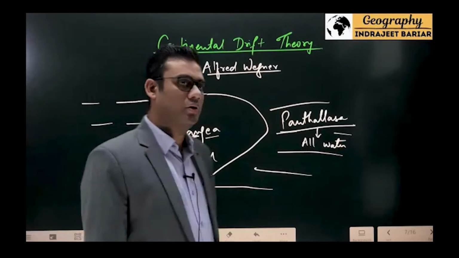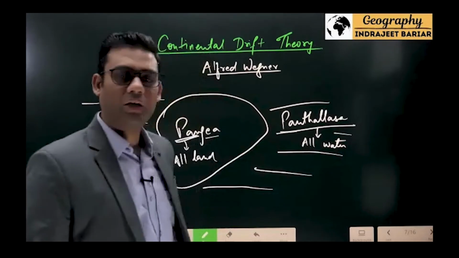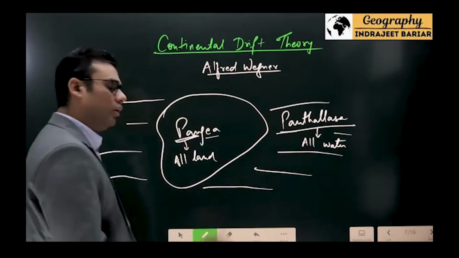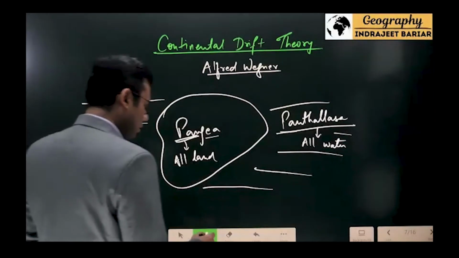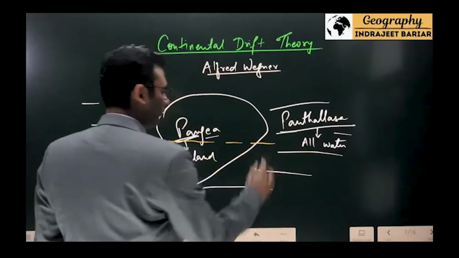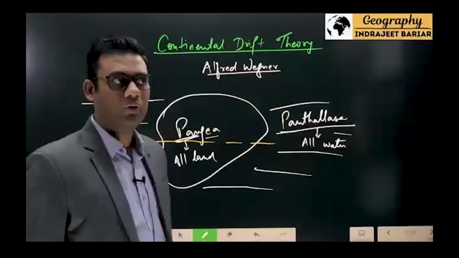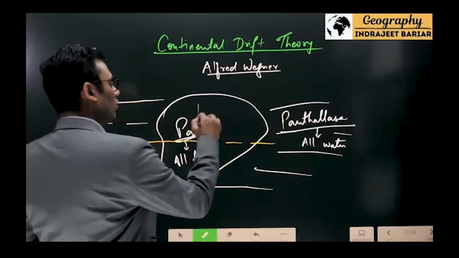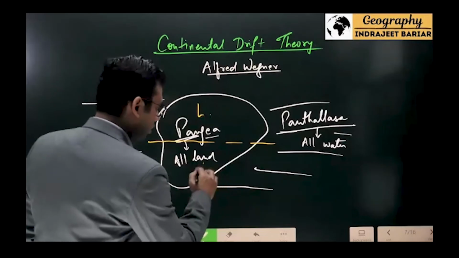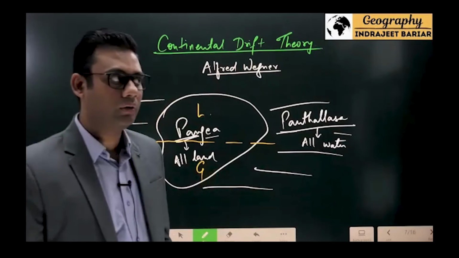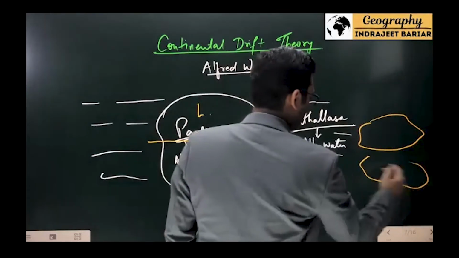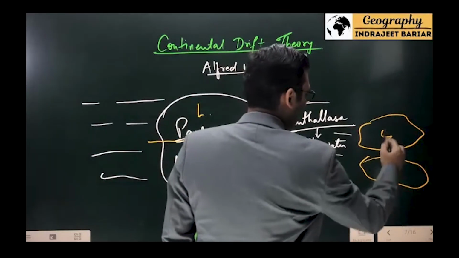Then he says that somewhere around 200 to 250 million years ago, Pangaea broke into two parts. The northern part he called Laurasia, and the southern part he called Gondwana land. The resultant looked something like this: Laurasia and Gondwana land.